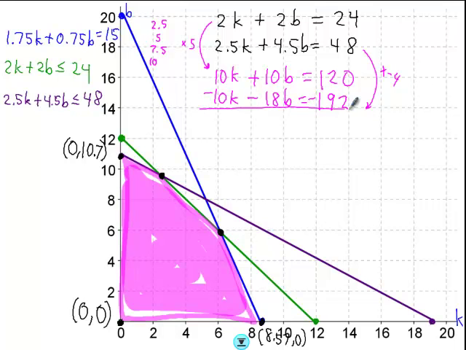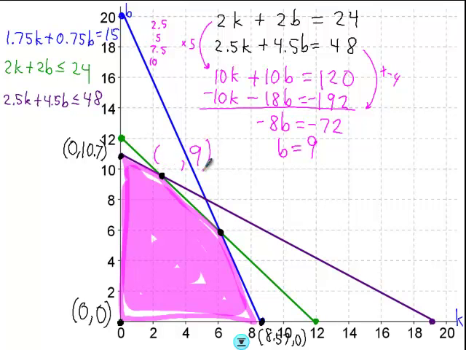And then we're going to add these up. The k's are eliminated. Negative 8b equals negative 72, and so I know that b equals 9. So the cobbler equals 9. That's right here.